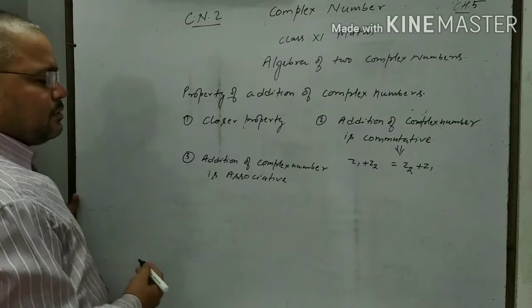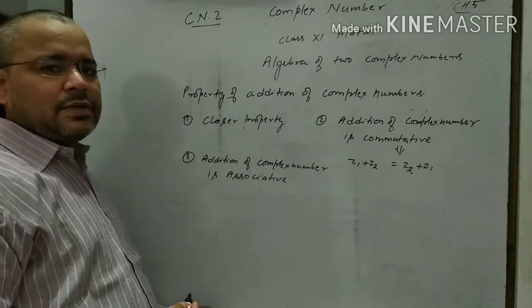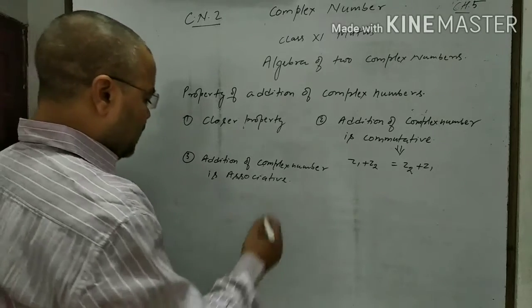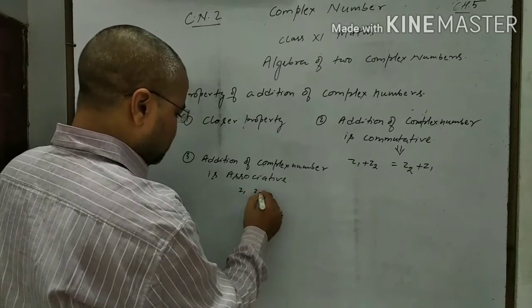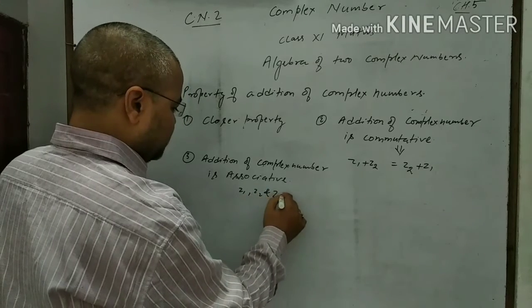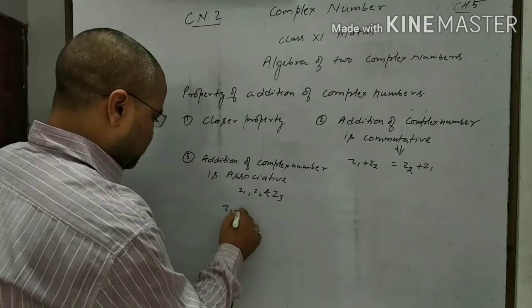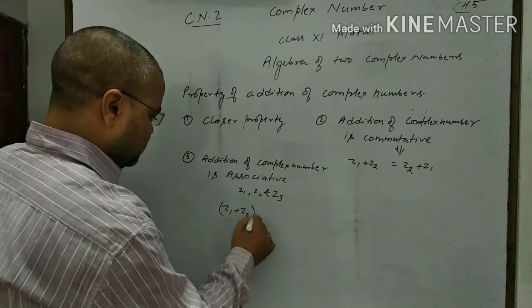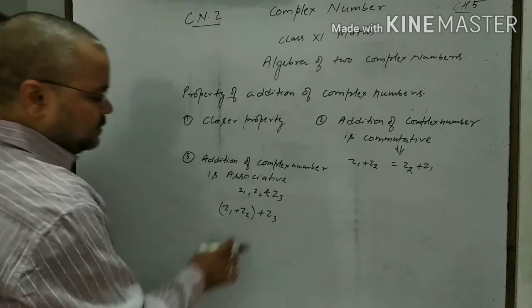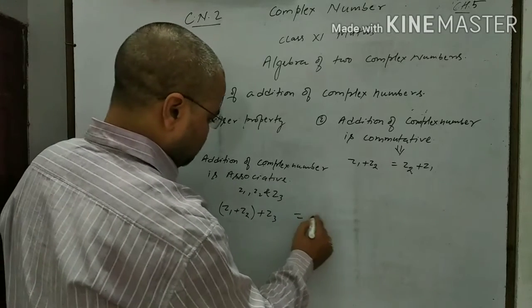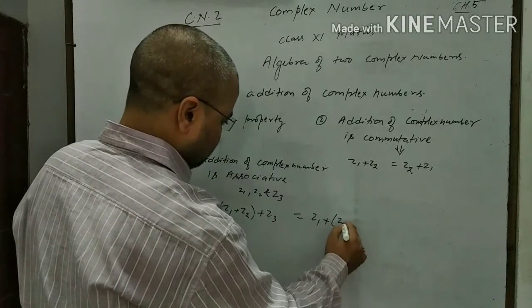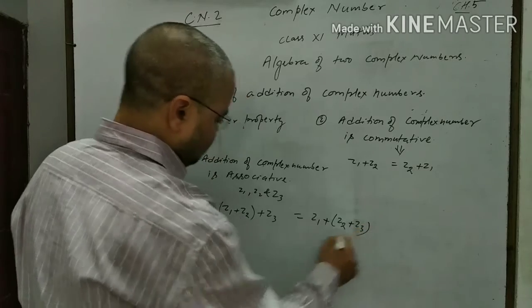It means addition of complex numbers satisfies the associative law. If we have three complex numbers Z1, Z2 and Z3, then (Z1 plus Z2) plus Z3 is equal to Z1 plus (Z2 plus Z3).